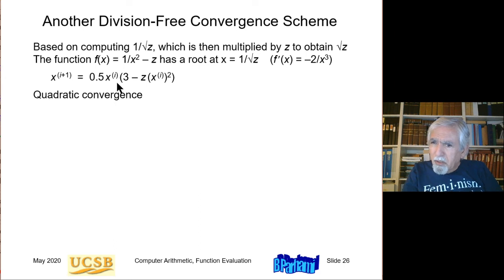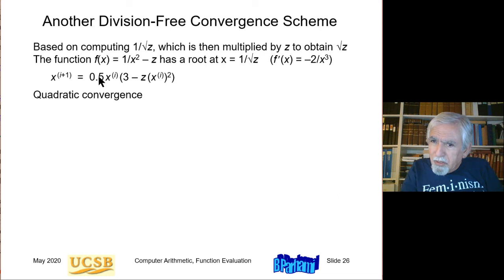You can verify by computing f prime and plugging it into the Newton-Raphson iteration formula, and you get this. So from a previous approximation to the square root, find the next approximation by doing a squaring here, say 1 multiplication, 2 multiplications, an addition, third multiplication, and a right shift.